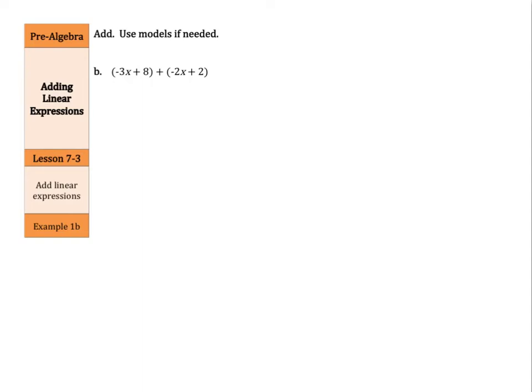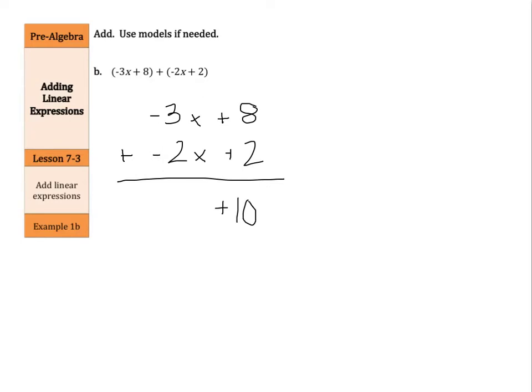Adding 8 plus 2 gives plus 10, and negative 3x plus negative 2x is negative 5x. So our final answer is negative 5x plus 10. That's just one way without models of doing this.